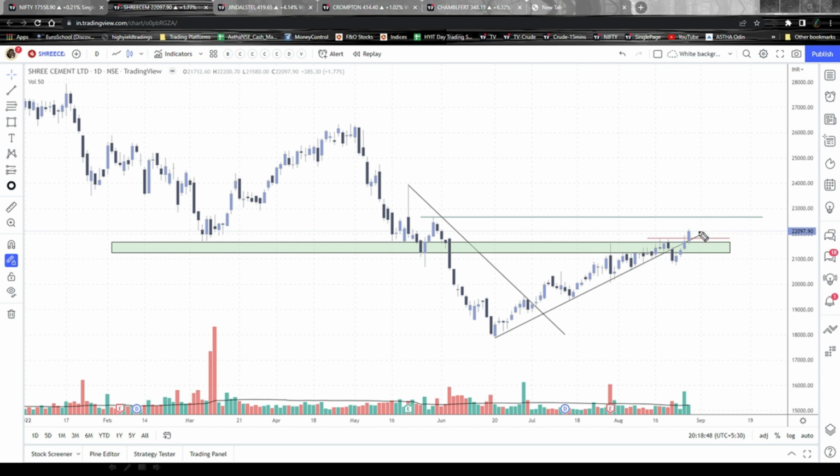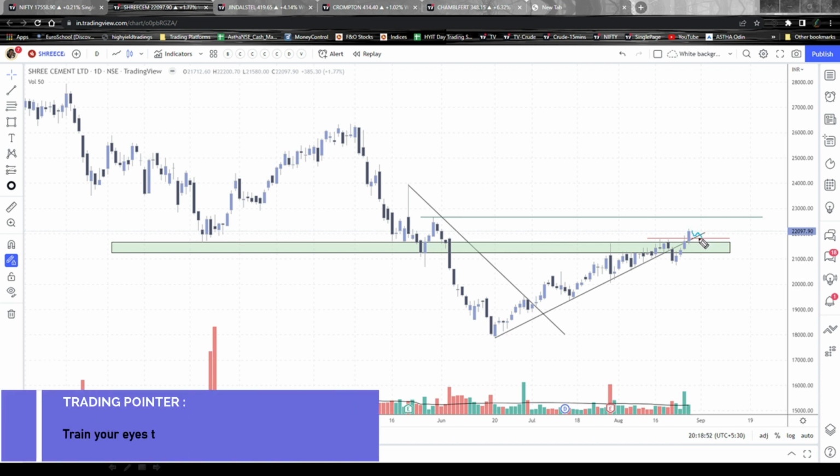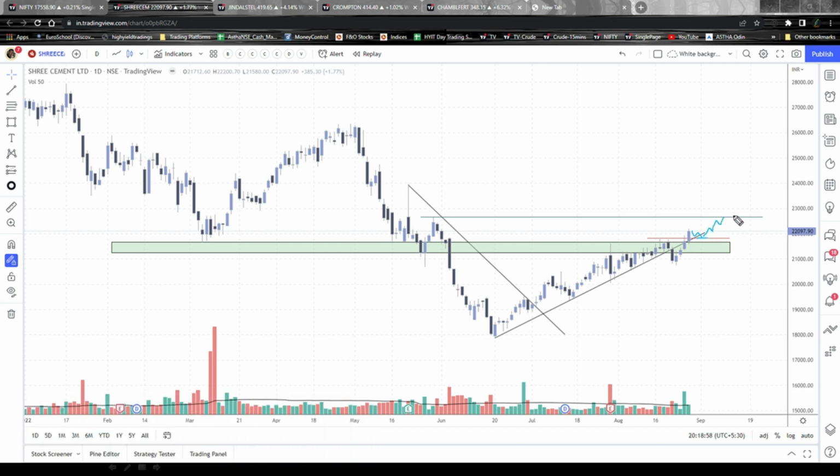My suggestion would be to wait and see if the stock is coming down, and when it reaches very close to the red line, you initiate a buy trade and your target will be this green line. Clear? You put your stop loss just below the swing low, that is here, and your target is here.